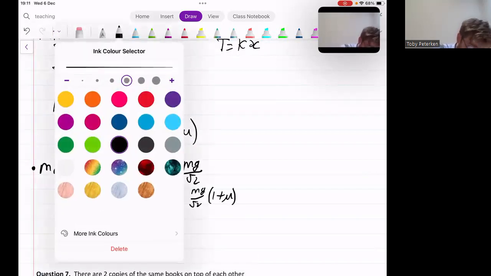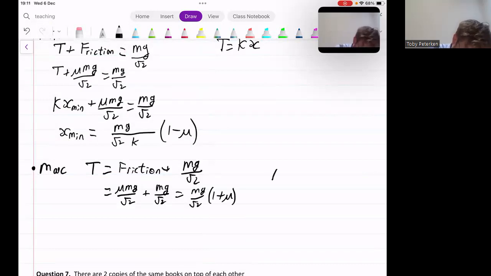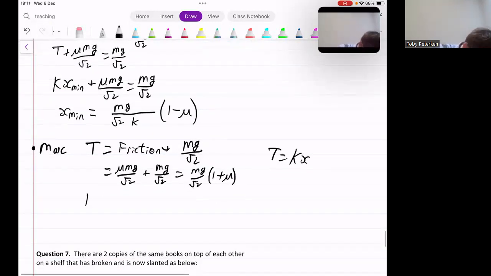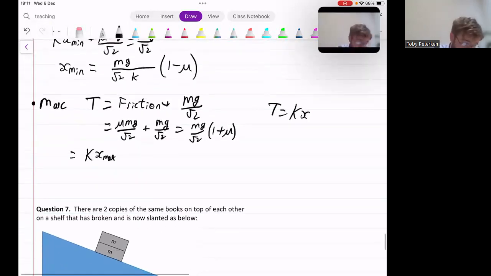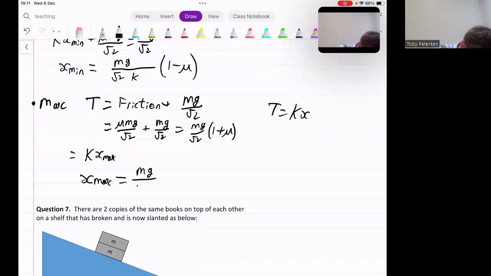And again, T equals kx, so this is equal to k x maximum this time. So we have x max equals mg over k root 2 times (1 plus mu).